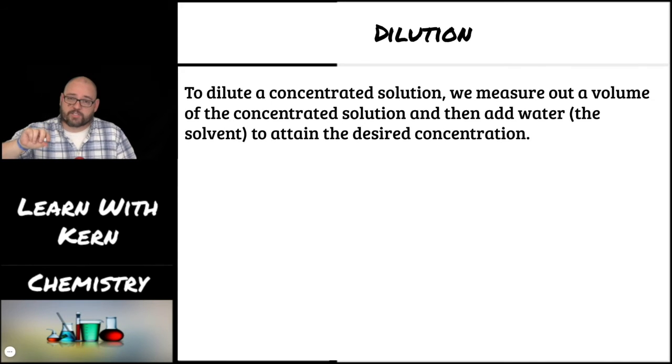I would add that small amount of concentrated acid to a container, say I need 100 milliliters, and I add 10 milliliters of my concentrated acid. That means I need to pour in water to bring it up to the volume of my overall solution, which will give me the concentration that I need.